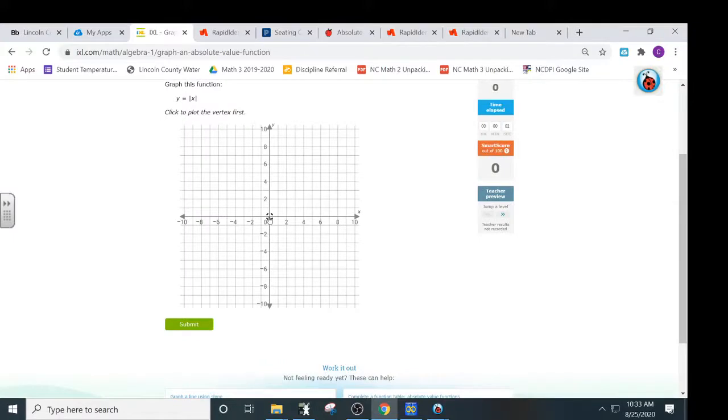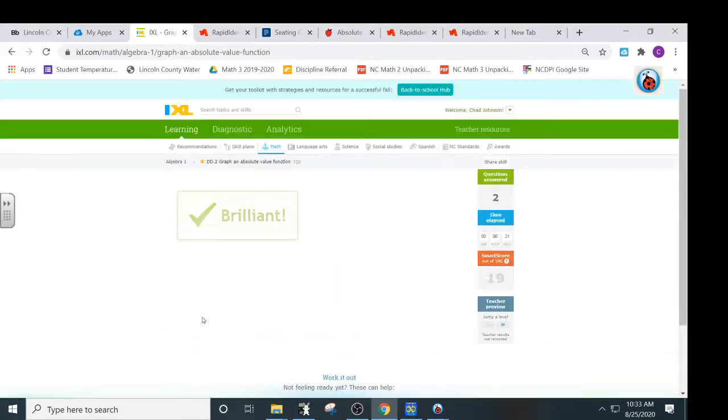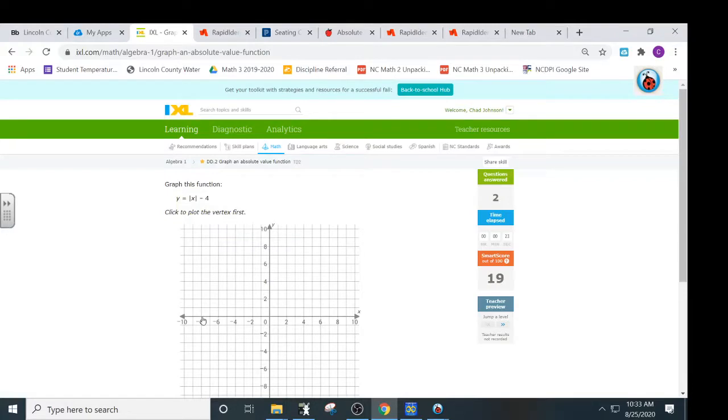All you do is start you a dot and bring it up to the next dot, and then there you go. I mean, you might have to move it around a little bit, okay? But the graphing part's pretty easy. You just plot a dot, and then that's a negative, so that's going to be here. All right, but does everybody understand how to graph now?